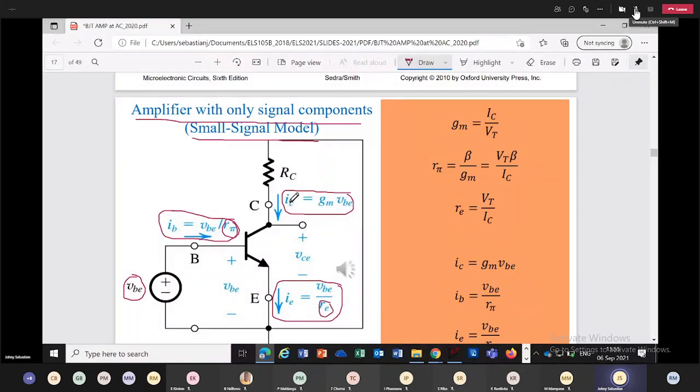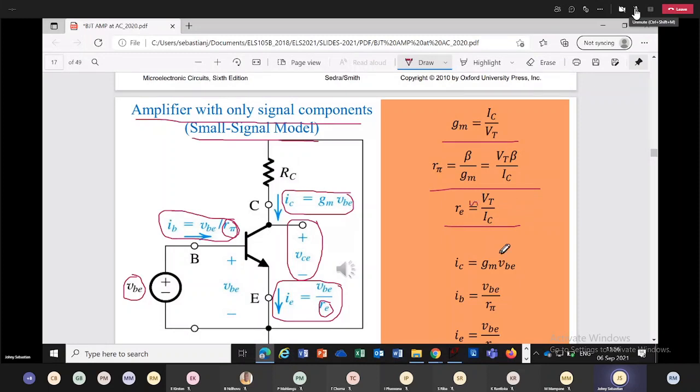So GM we defined in the previous class, and your output signal is basically VCE in this case, because at the emitter there is no resistance. Formula 1, GM is IC over VT. R pi is VT times beta over IC. RE is VT over IC. Okay, I must put approximately.